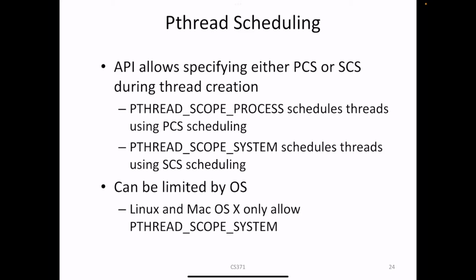Basically, we can use the constant PTHREAD_SCOPE_PROCESS to schedule threads using PCS scheduling. And also, we can use another constant, PTHREAD_SCOPE_SYSTEM, to schedule threads using SCS scheduling.